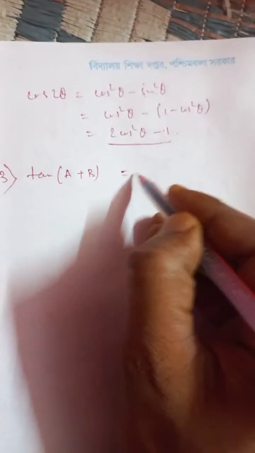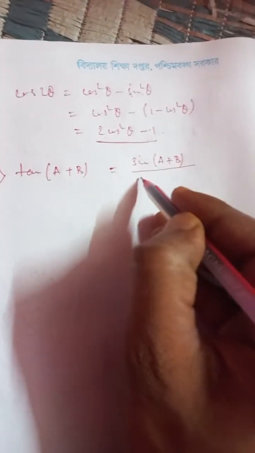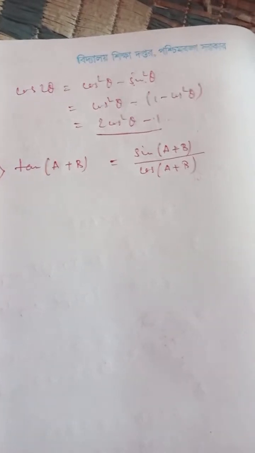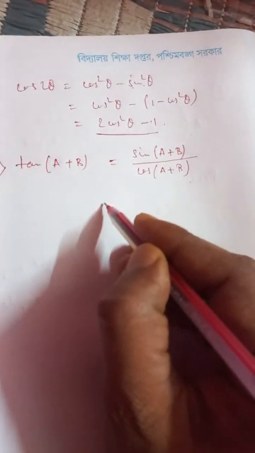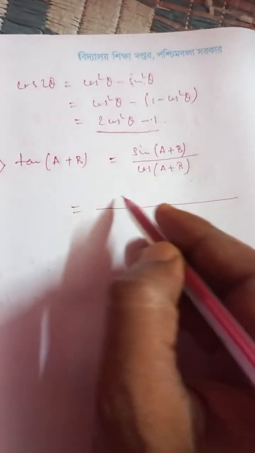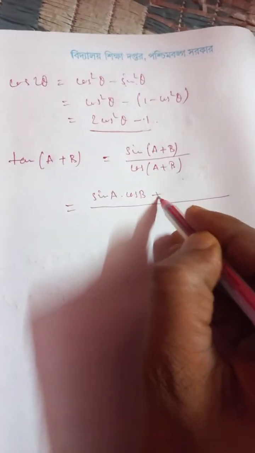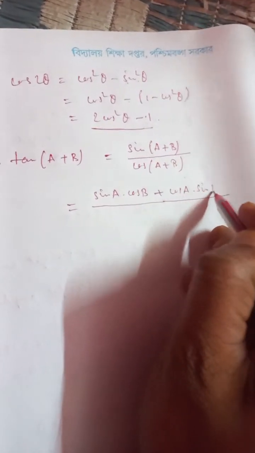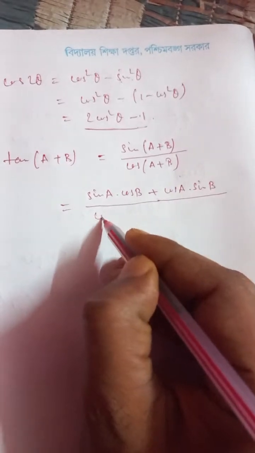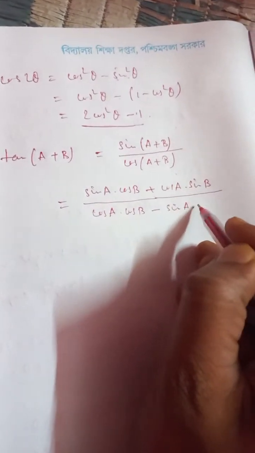So tan A plus B can be written in this way: sine A plus B by cos A plus B. Sine A plus B can be further reduced using the first formula as sine A cos B plus cos A sine B, and cos A plus B can be further reduced in this way: cos A cos B minus sine A sine B.